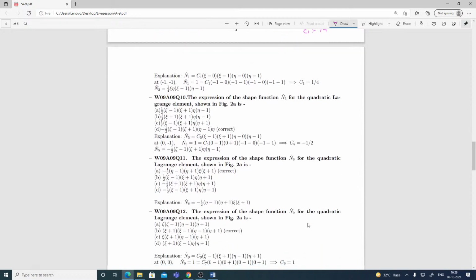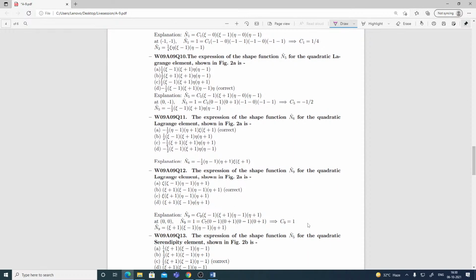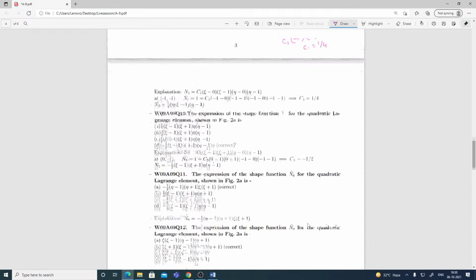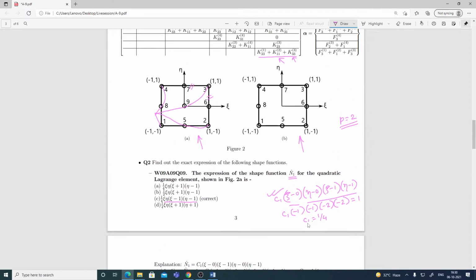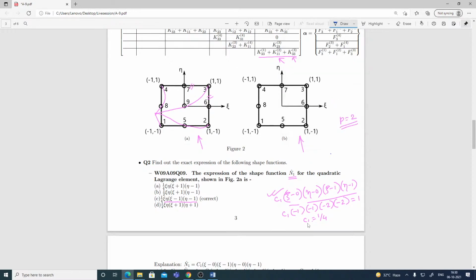This one was the question. Similarly you can go for N5 also, but for N5 you need to be a little bit cautious. Let me change the color. N5 is here, so N5 is 1 here, and it is varying quadratically.